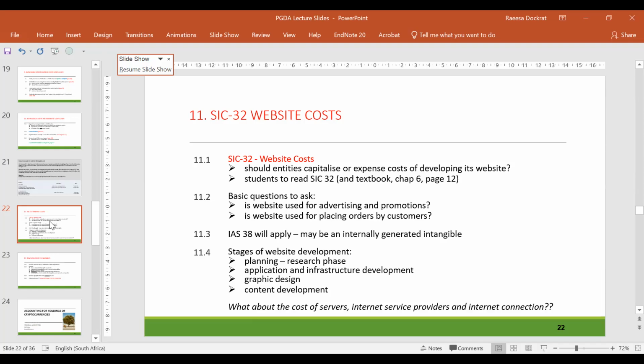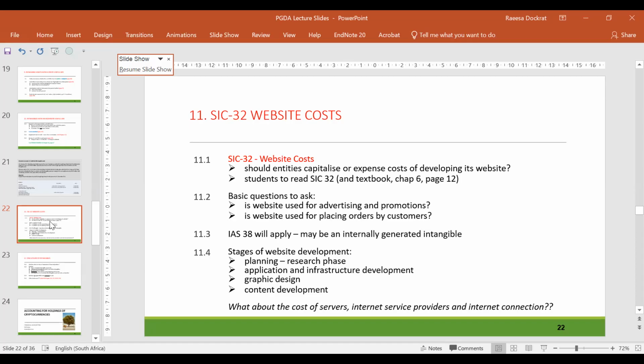But if you developed this website internally, then very similar to the rules in IAS 38 about an internally generated intangible asset and the different phases and the particular criteria, SIC 32 website costs also have to follow this process of meeting certain criteria in order for it to be capitalized. Now, as mentioned earlier, there are 3 critical attributes that have to be met for any website to meet the definition of an intangible asset.